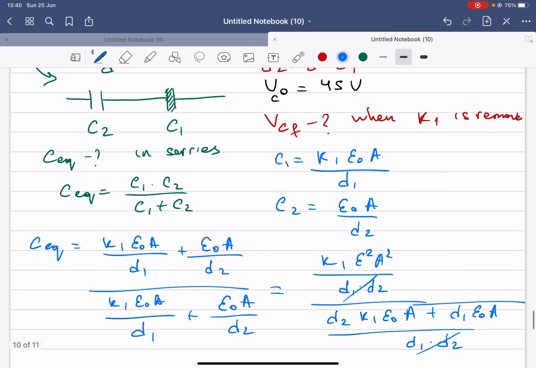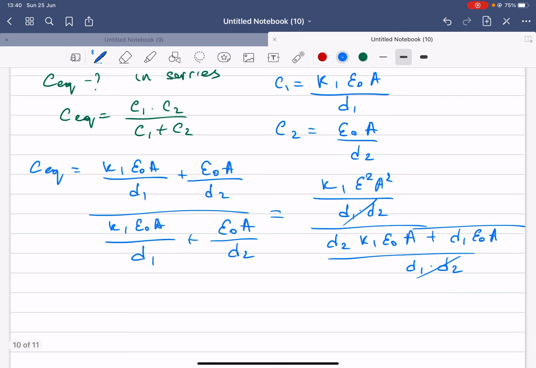So this will cancel out. At the end, the epsilon naught area will cancel with one of them, and you will end up with the formula K epsilon naught area divided by K D2 plus D1. This is your equivalent capacitance when there is dielectric.